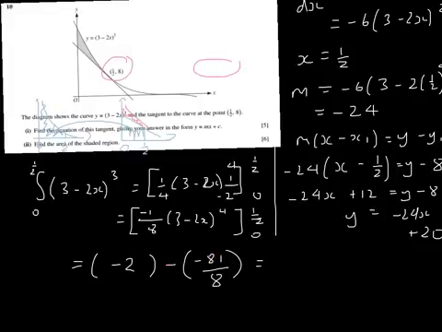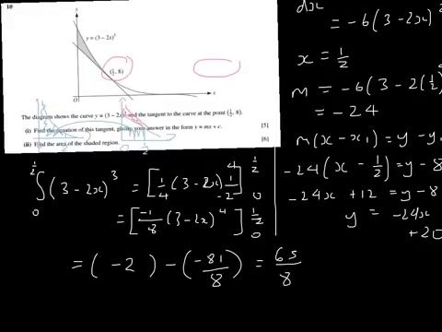So if I work that whole thing out, I end up, calculator's gone crazy, 65 over 8, like that. So that's the area under the whole curve, which is the largest part.